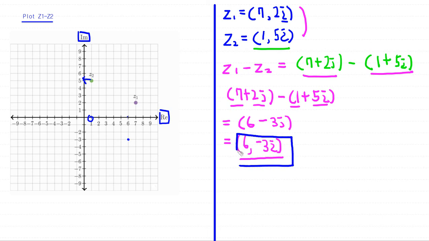We have found the coordinate right over here, and it is in the fourth quadrant, where the x value, in this case the real value, is positive, and the y value, in this case the imaginary part, is equal to negative 3. And we are done.